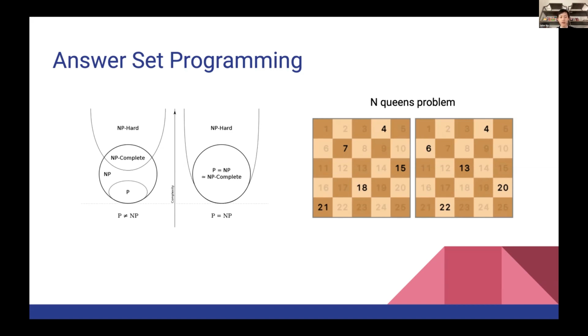One extremely famous example of answer set programming is the n-queens problem. I don't know if anyone plays chess here, but you're given a certain number of queens that you want to place on the chessboard, and you want none of the queens to intersect each other, basically not be in each other's attack range.